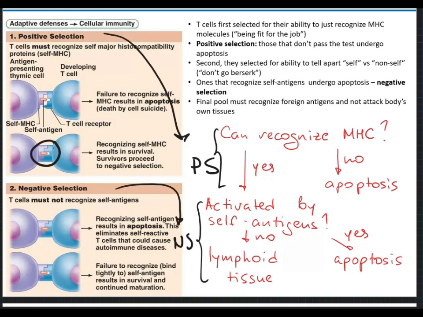If your positive selection fails, what are you going to get? You're going to get dysfunctional T cells, T cells that cannot do anything, right? If your negative selection fails, what kind of disorder? Autoimmune.